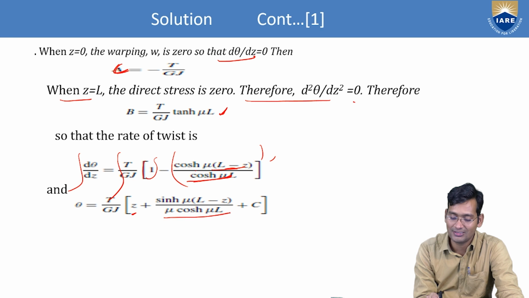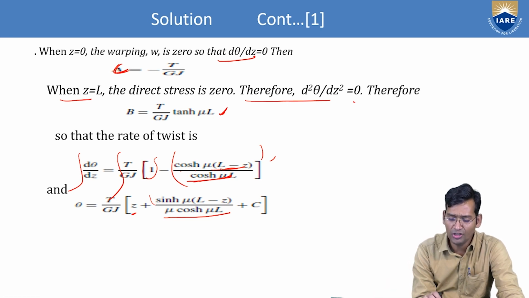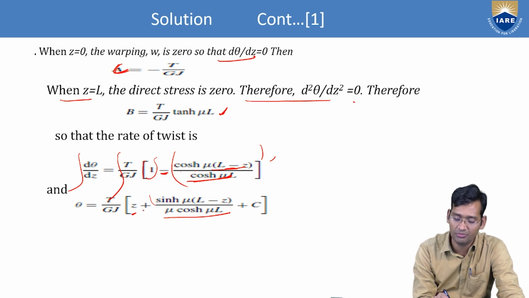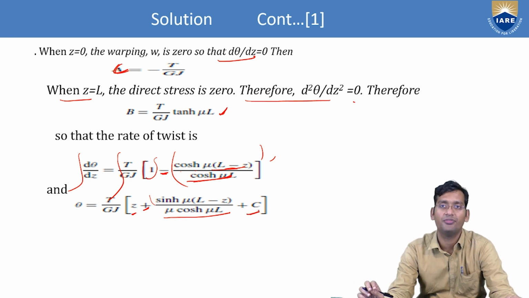So mu cos h L is constant, and integration of cos h mu L minus z is sin h mu L minus z, into L minus z, differentiation of L minus z is minus 1, so this minus becomes plus here, and plus C. C is the constant of integration.